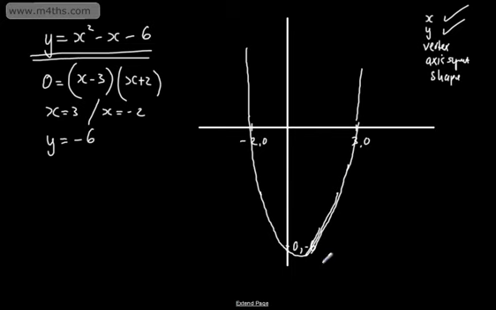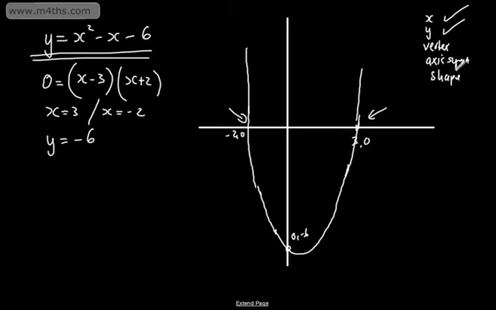Let's just tidy this up down here. You'll get more confident the more that you do, especially if they're on paper. They're slightly harder on here, but hopefully we'll get some representation. That looks a bit better. There we go. So that point is here, 0, negative 6. This is negative 2, 0, and 3, 0. We've got two real solutions, as we've just found, and then the shape opens up.